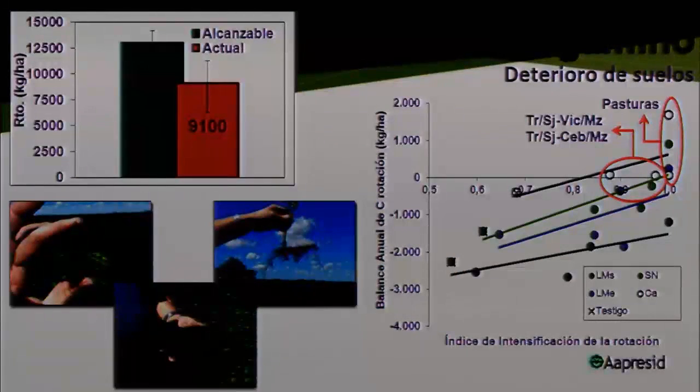So we are trying to intensify rotations to increase carbon sequestration, and we are trying to intensify fertilization to fix better thresholds.